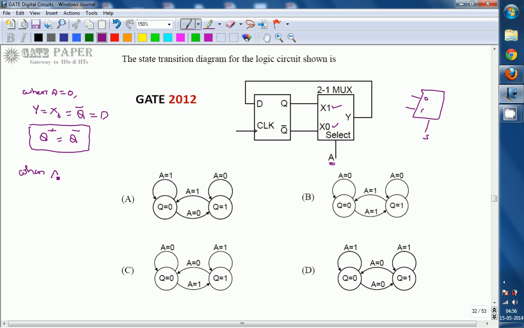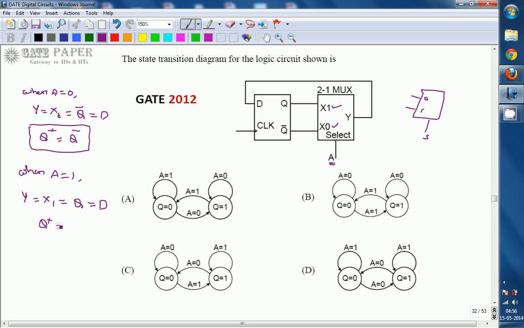Similarly, when A is equal to 1, the x1 line is selected, so y is equal to x1, and x1 is connected with q, which is given as input for the D flip-flop. The next state is simply the value of D, since for a delay flip-flop the value of D itself is the next output.